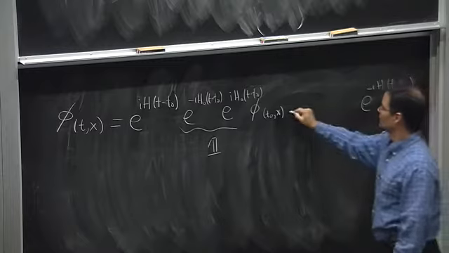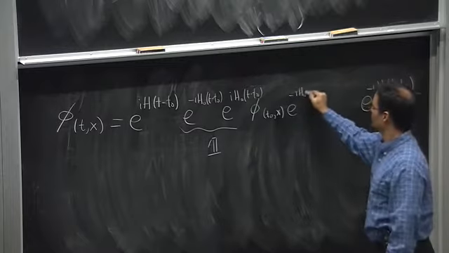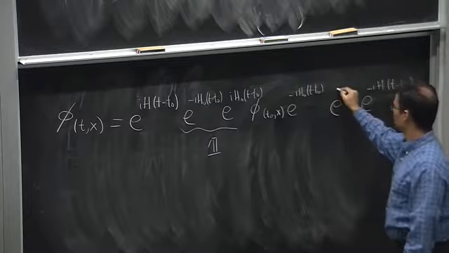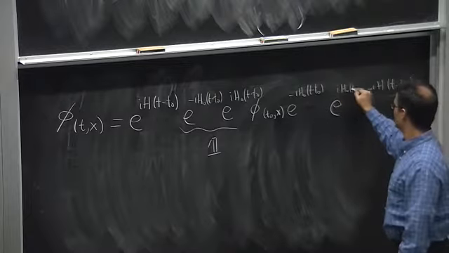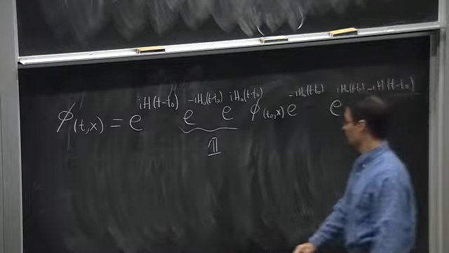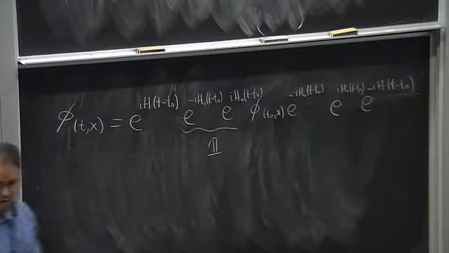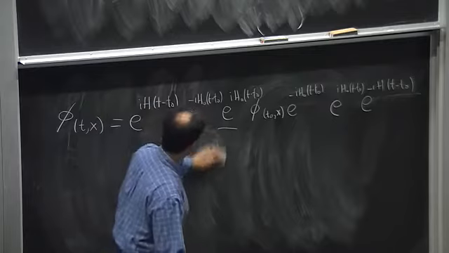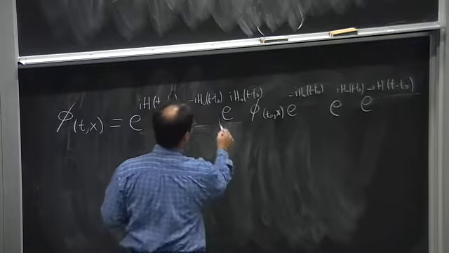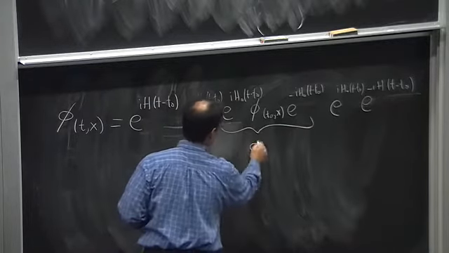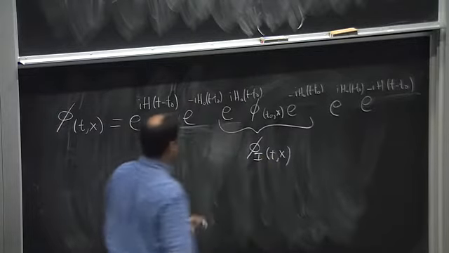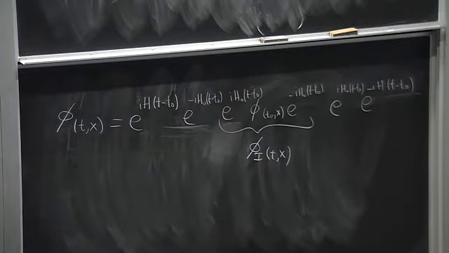I'm going to do exactly the same thing here, but with minus H0 and e to the i H0. Okay? Why did I do that? Well, because then this object is exactly what I define as my interaction field.